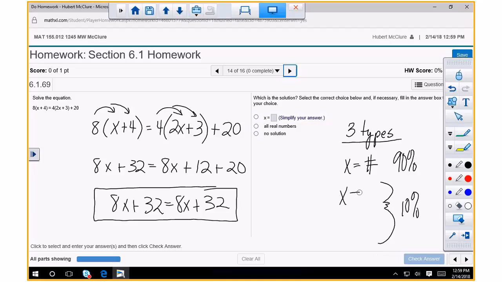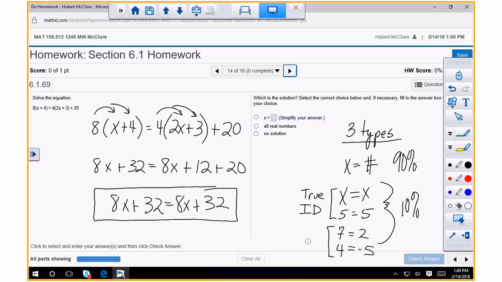X is equal to X. 5 is equal to 5. When you have these type, when you got a true statement, that means you have an identity. Okay? If you have a false statement, 7 is equal to 2. 4 is equal to negative 5.